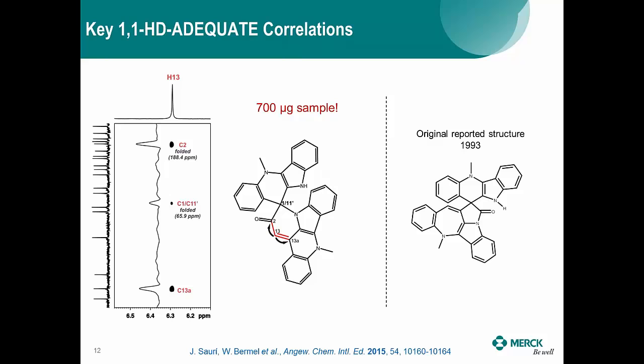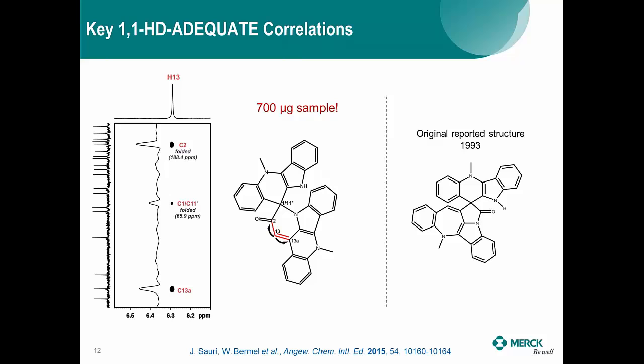So this makes the core of the molecule completely different, completely reorganized. Instead of a 7-5 member ring, as in the original reported structure, it's a 6-6-5 member ring.